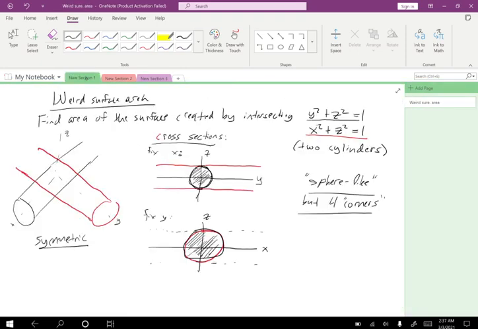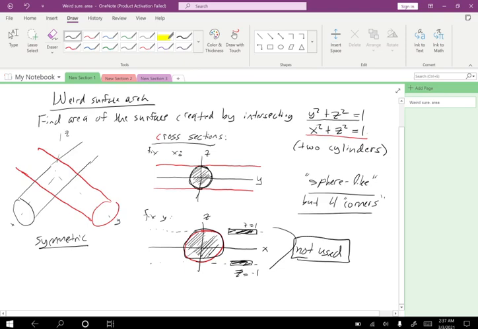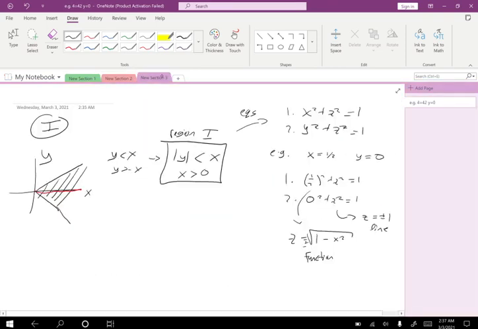So if we go back over here at our cross sections, this is that z equals 1 or minus 1. So this is not used. Whereas this is what we're looking for. We're looking for a function. So we see that the first equation corresponds to the function, whereas this one corresponds to, how should we say, the line.